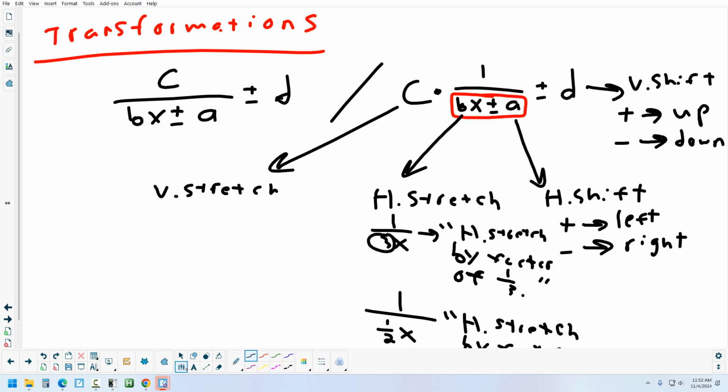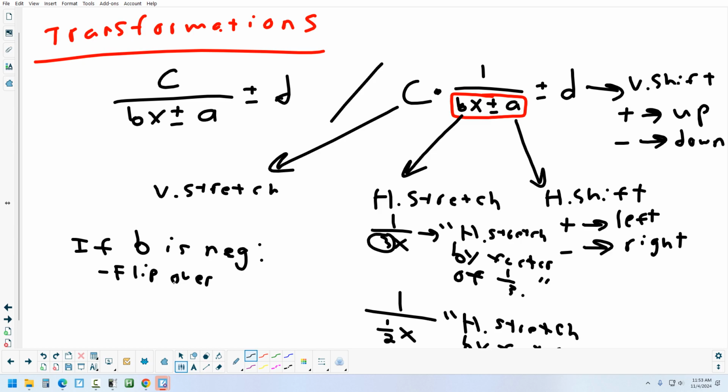Now, what about if B is negative? What does a negative generally cause the graph to do? Yeah, it's a flip. Can you be more specific over which axis? B would be over the y-axis. If B is negative, B is a horizontal, so it would flip.